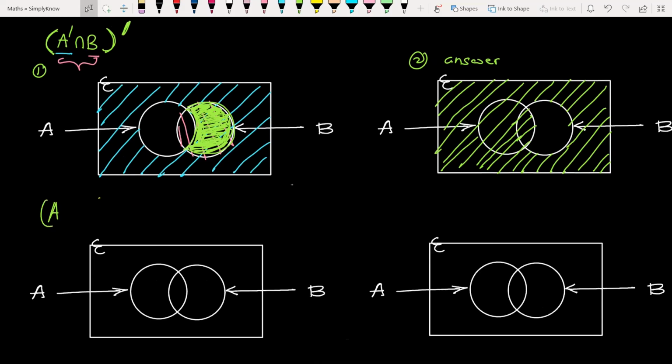So what about the complement of A intersection B complement? Let's apply the similar method.